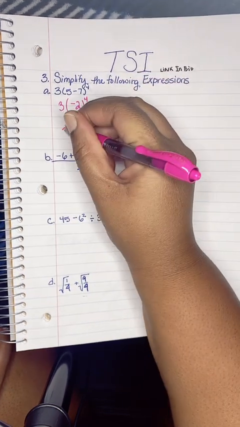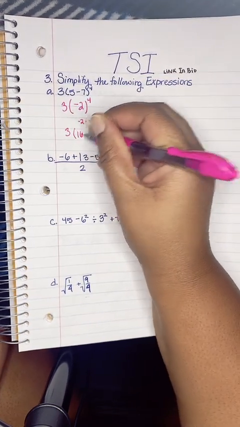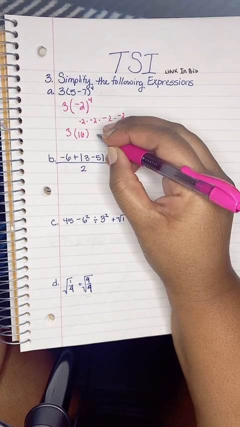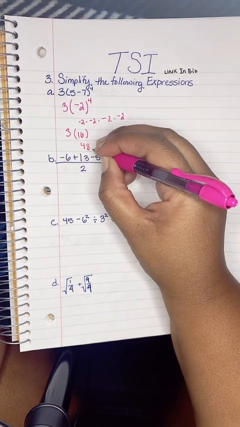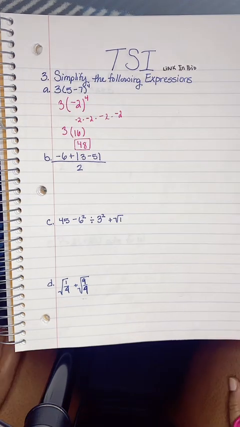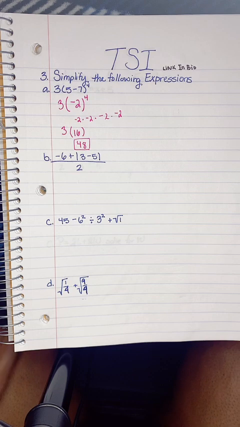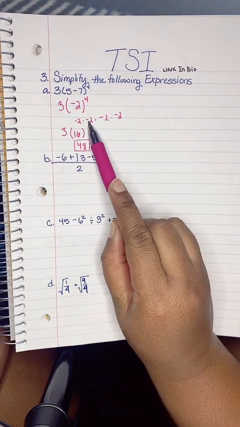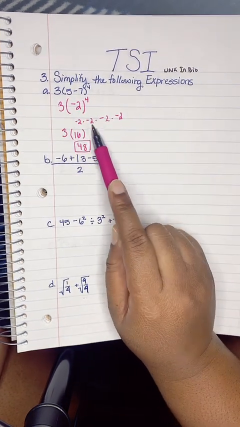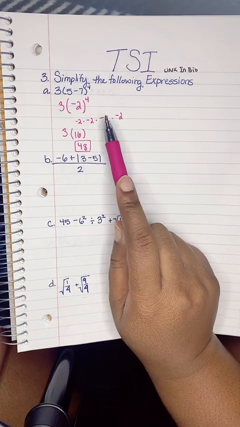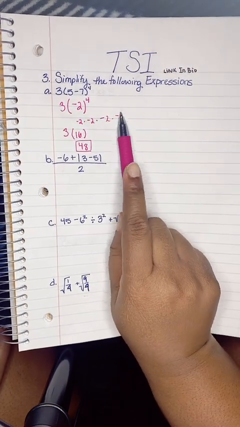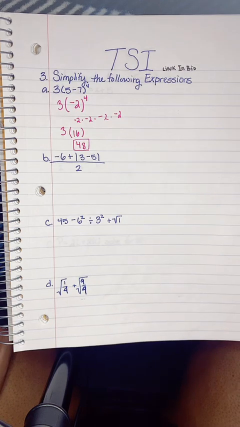So we're going to do 3 times 16, and 3 times 16 is 48. That's our first answer for A. Now be careful, because a negative times a negative is a positive. A positive times a negative is a negative, but then a negative times a negative goes back to positive. So it'll be a positive 48.